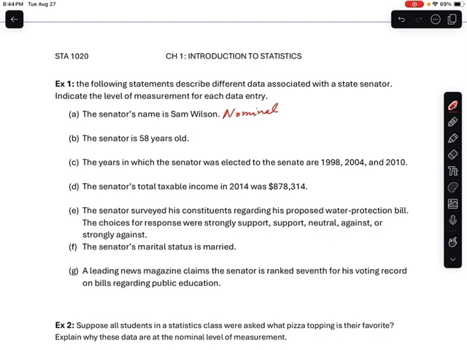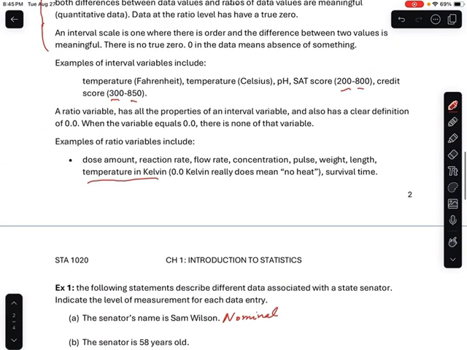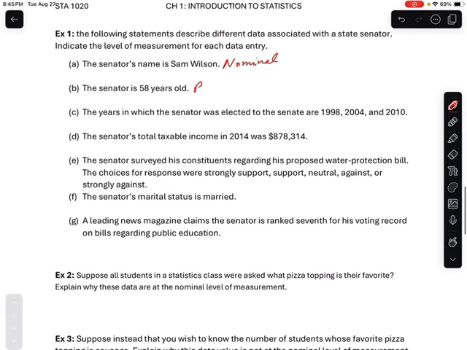We are talking about ratio, because we just saw, dose amount, reaction rate, flow rate, weight, length, age. So this is the ratio level. The difference makes sense and the ratio makes sense.